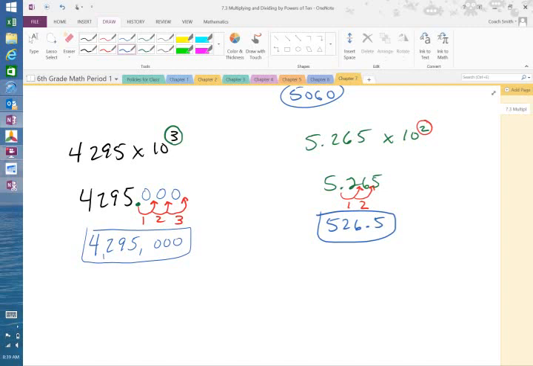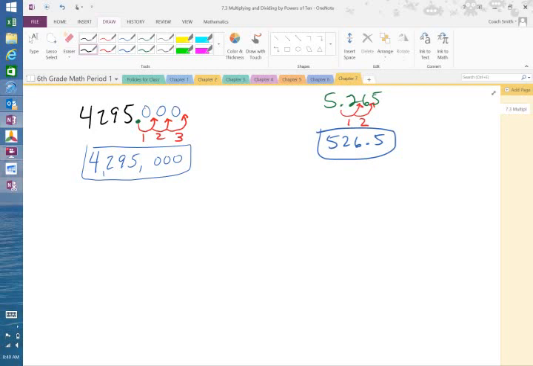Okay. Now, that's multiplying. So what if I have a division problem? For example, what if I had 50.5 divided by 10 to the third power? If we move it to the right when we're multiplying, what do we do when we're dividing? Move it to the left, because division is the opposite of multiplication.